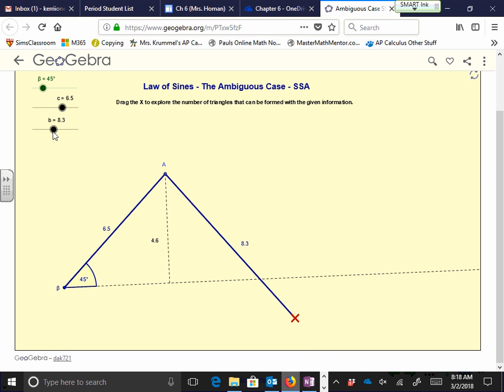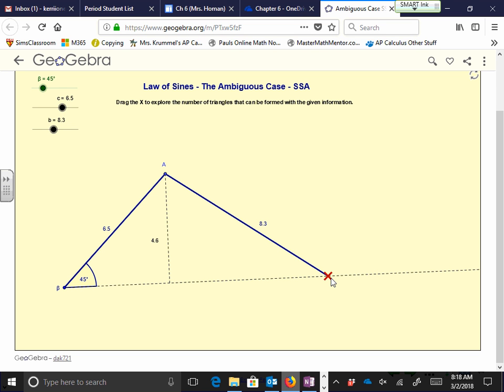Now, here I've made that second known side longer, but it has to be that long. So we're going to have to swing it out all the way to here, and hey, we make a triangle.